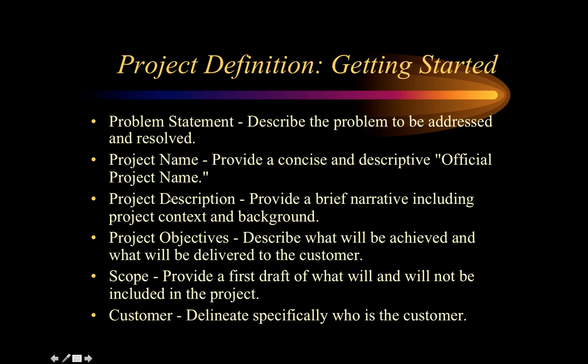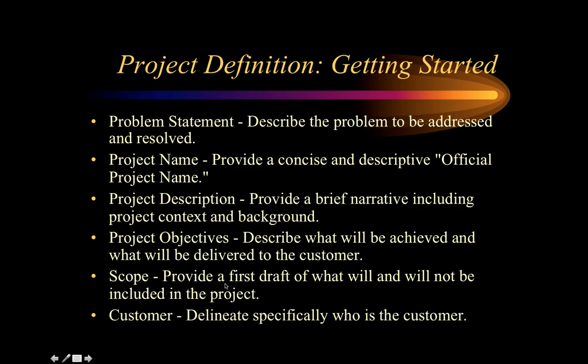Give it any name. Project description: provide a brief narrative, including the context and background for the project. The objectives: we will stipulate what the objectives are. One of the objectives is to create a car that costs under $10,000 to be able to market that car in developing economies, and so forth.